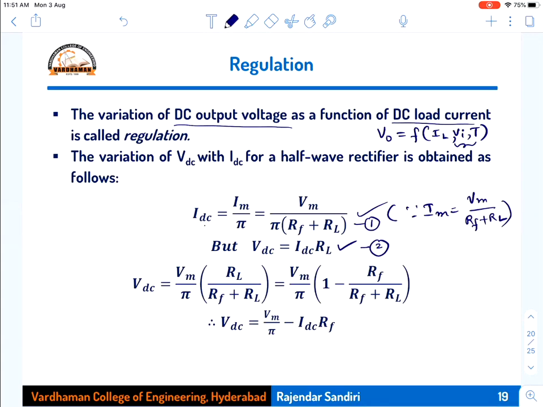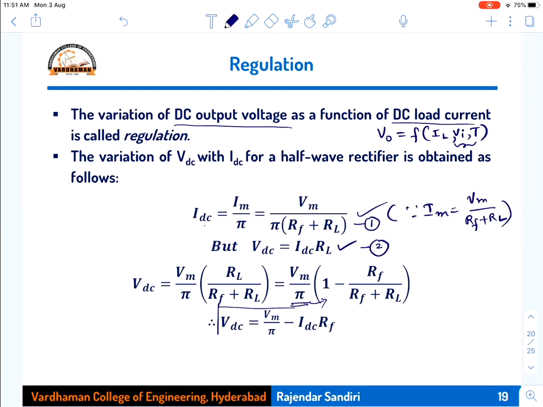Then multiplying Vm by pi inside, you get Vm by pi minus Vm by pi into Rf by Rf plus RL. Then using the first equation again, Vm by pi into Rf plus RL is IDC, so you get IDC into Rf.